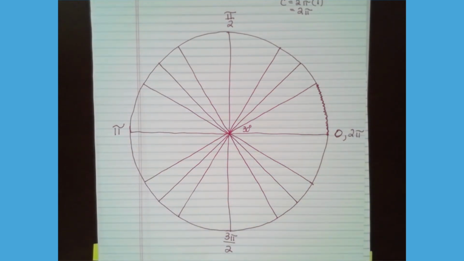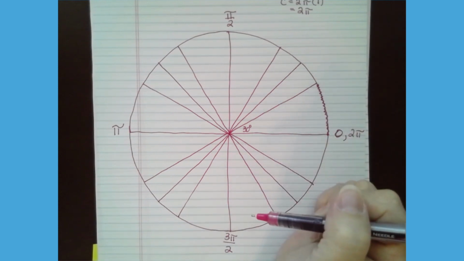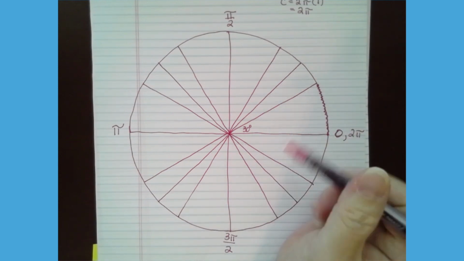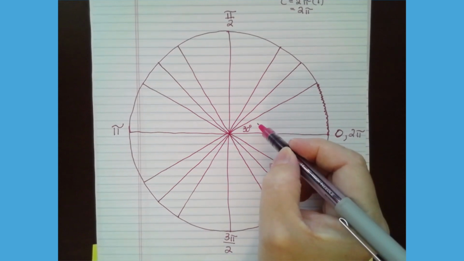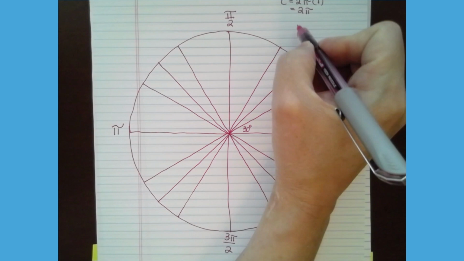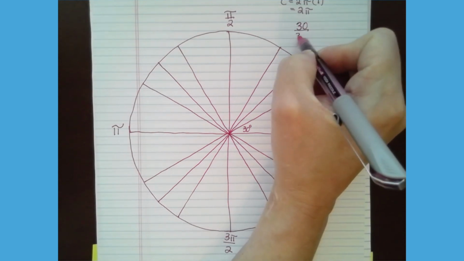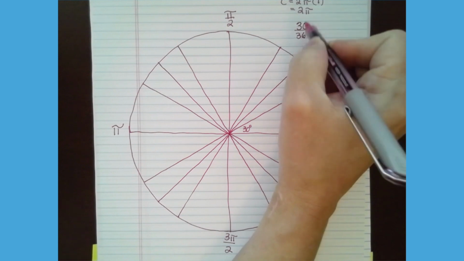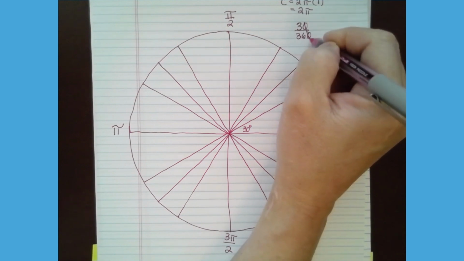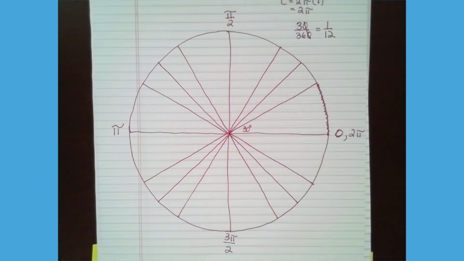Okay, so how do we find out how much this little arc is across from 30? Well, how much of a circle is 30? So I'm going to come up here and do a little figuring. 30 out of 360, how much of the circle is it? Well, I think that's 1/12. So it's 1/12 of the circle.